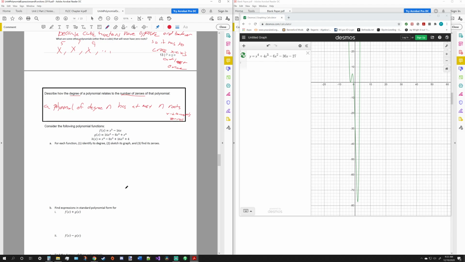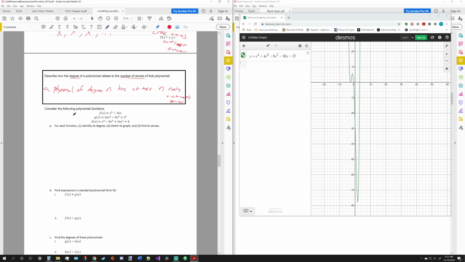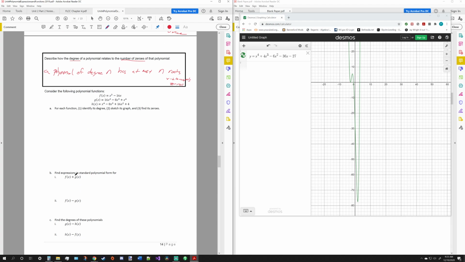So what you guys are going to do is you're going to complete these questions. So they are giving you 3 different functions. You're going to identify the degree of the function, sketch its graph, so what we were doing before, and find its zeros. So you guys can go ahead and do that. I will confirm your answers to the degree and its zeros, and then you guys are going to do some work like we did last class here, adding and subtracting functions, so using these functions.